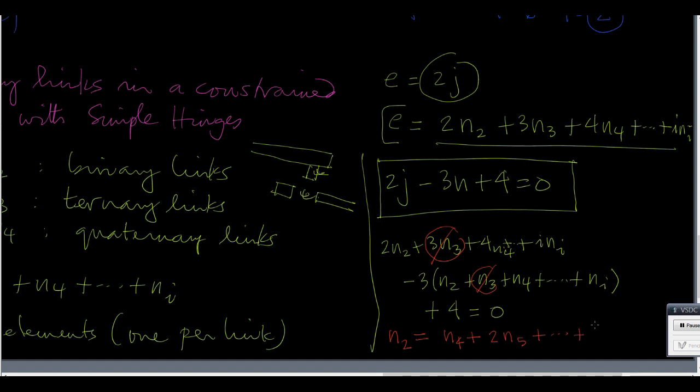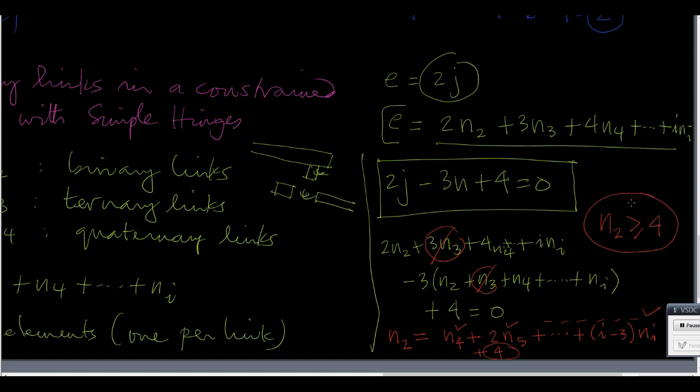And then plus i minus 3 times ni, plus 4 is n2. Okay, so now you see each of these, i is obviously bigger than 3, right? So this is a non-negative number, they are all non-negative numbers, and 4. Therefore, n2 is greater than or equal to 4.